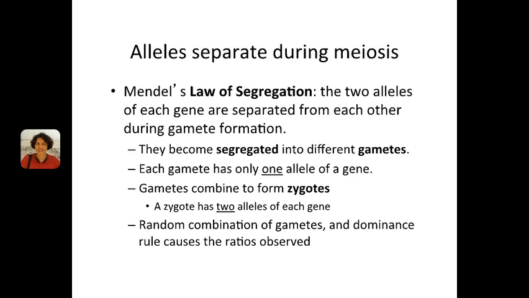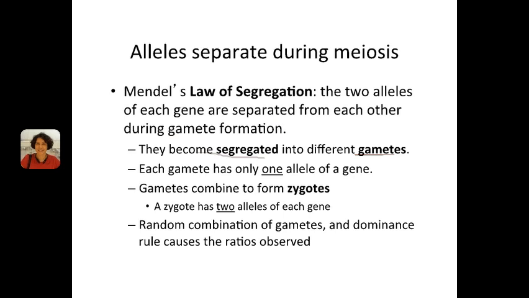And he came to that conclusion, and in looking back at it with hindsight, he was exactly right. And what he observed was that the 2 alleles of each gene will be separated from each other during the process of meiosis, which is when the gametes are formed. They get separated or segregated into different gametes, and each gamete is going to have only 1 allele of every gene.